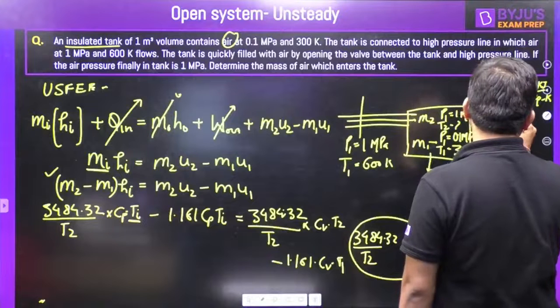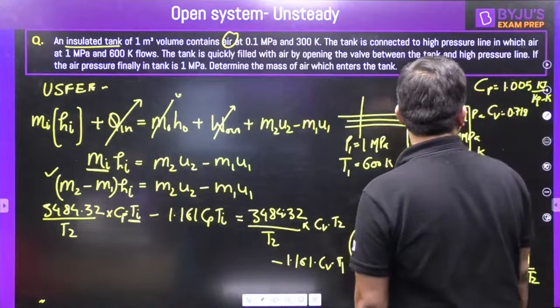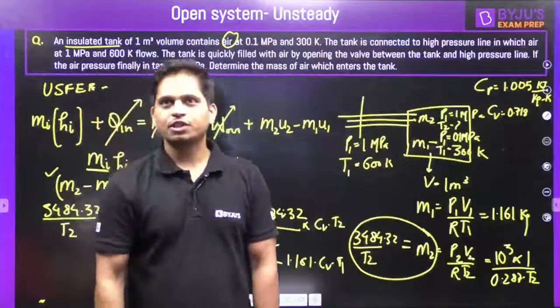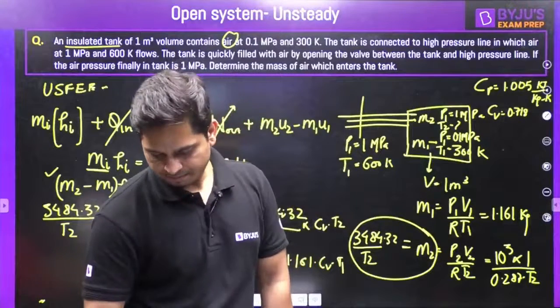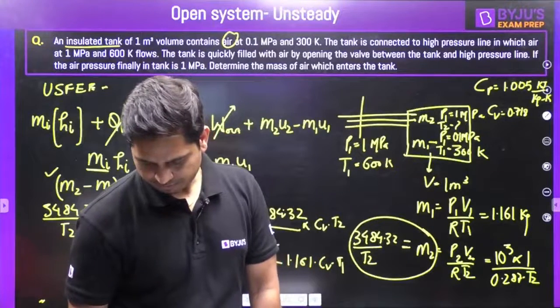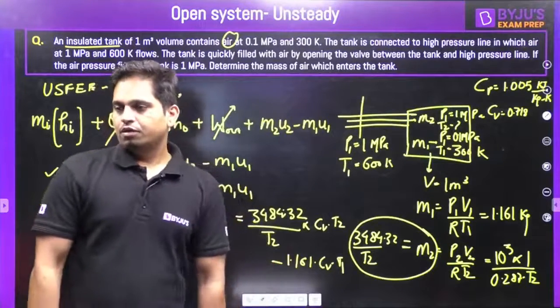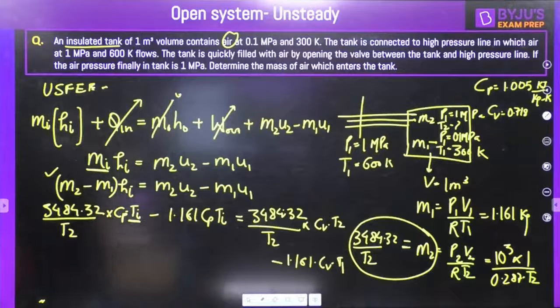CV is equal to 0.718 kilojoule per kg Kelvin, and R is equal to Cp minus CV, 0.287, right? That is how also you can calculate.